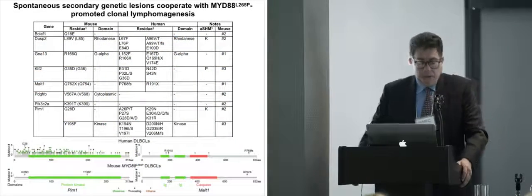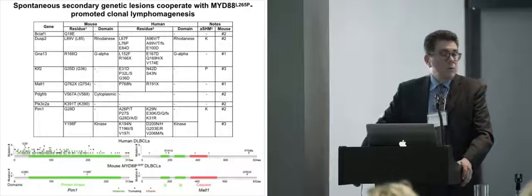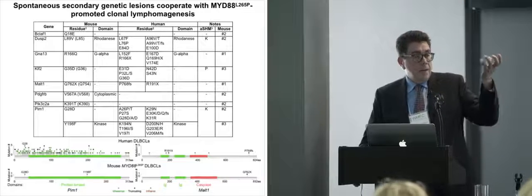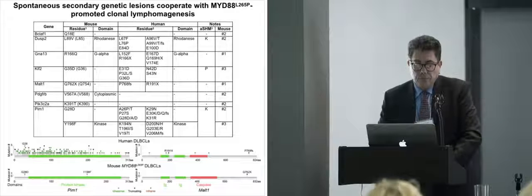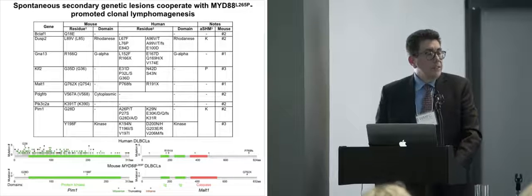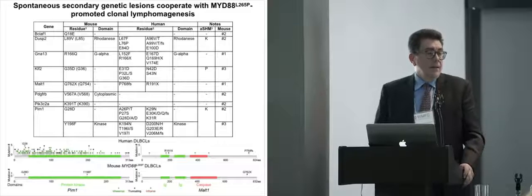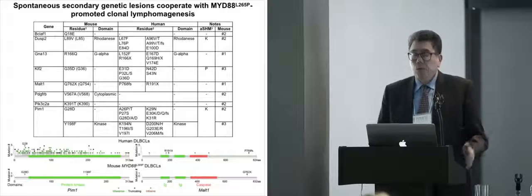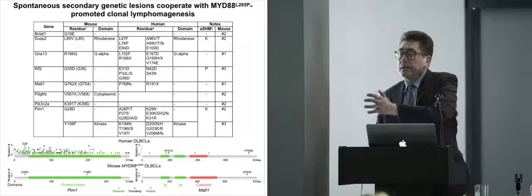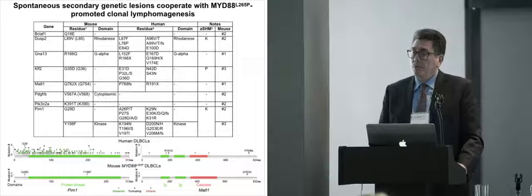So we did whole genome sequencing from those animals that have this large spleen with large cells, and we identified mutations in genes that have been seen in human patients with de novo diffuse large B-cell lymphoma, or in patients with Waldenstrom that progress to diffuse large B-cell lymphoma.